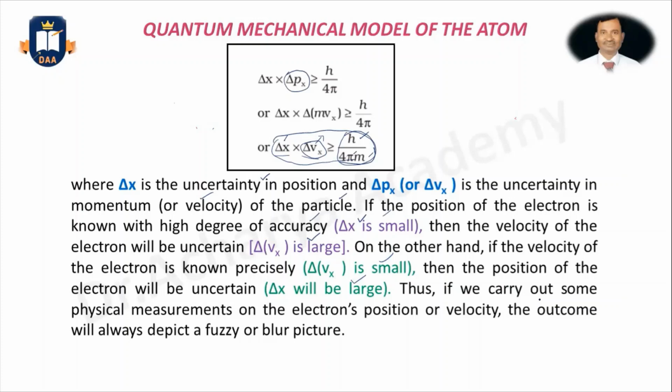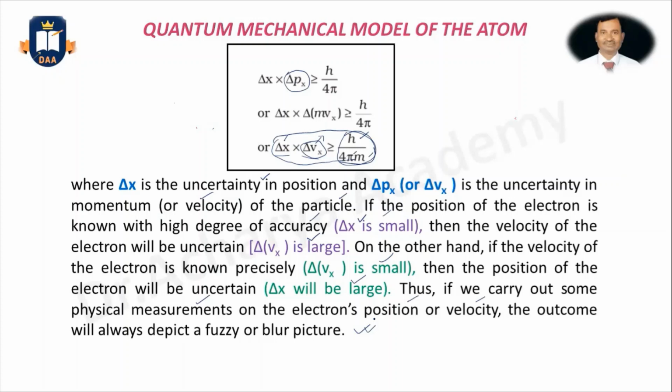And thus, if we carry out physical measurements of the electron's position or velocity, the outcome will always depict a fuzzy or blurred picture. That means the picture is not clear, because in a physical measurement you always want to measure precisely both the position as well as momentum, but it is not possible as per the Heisenberg uncertainty principle.